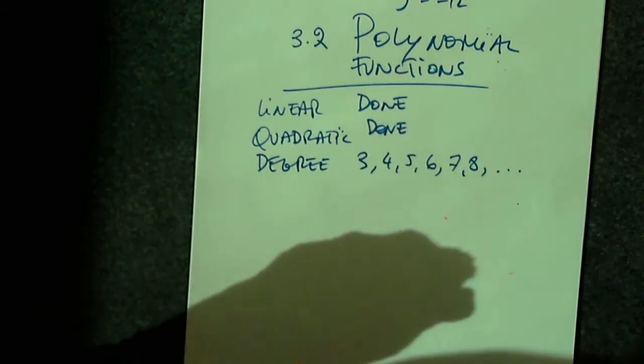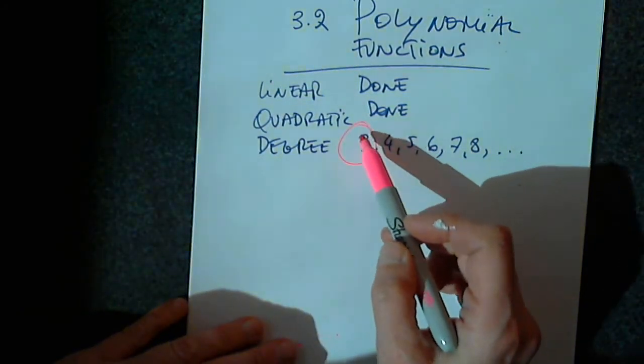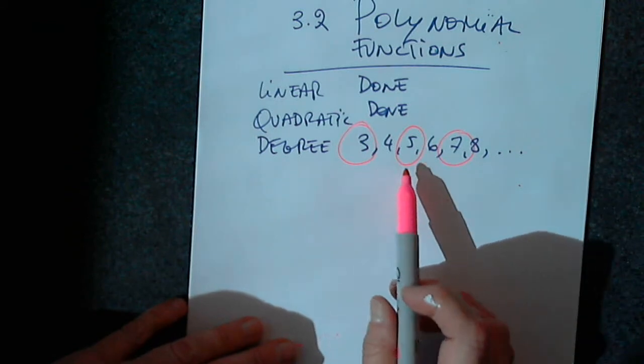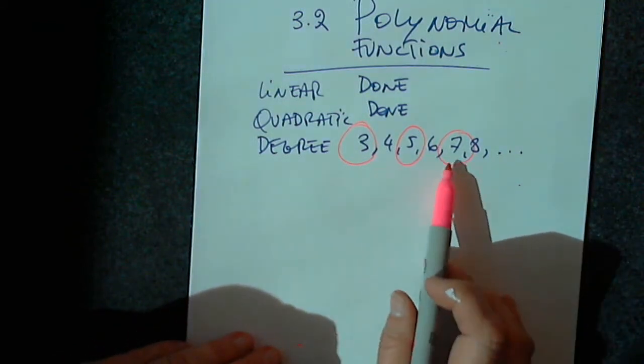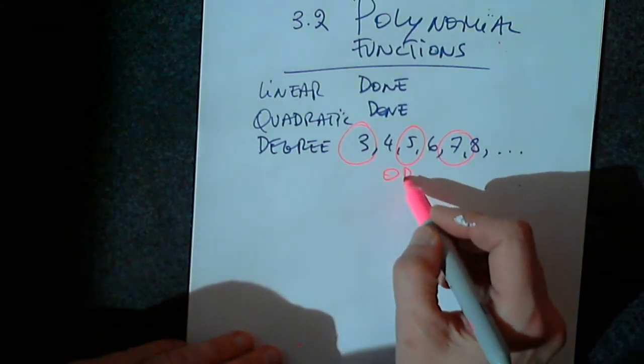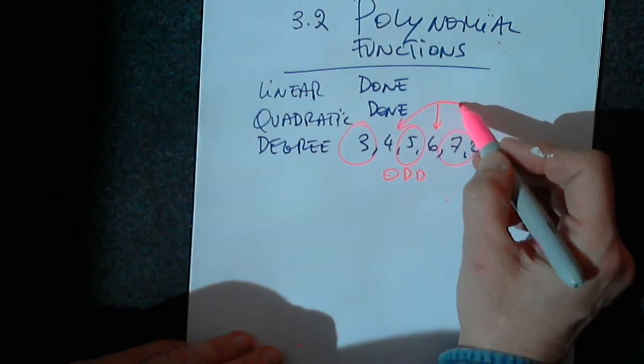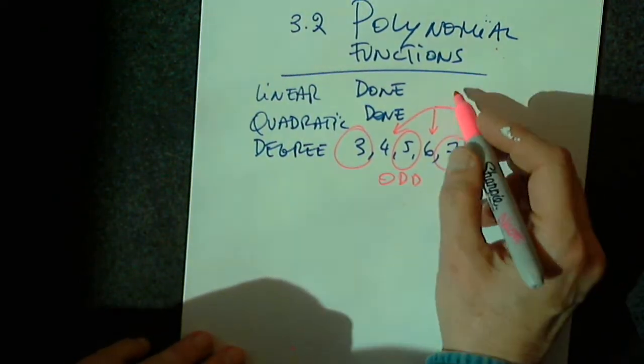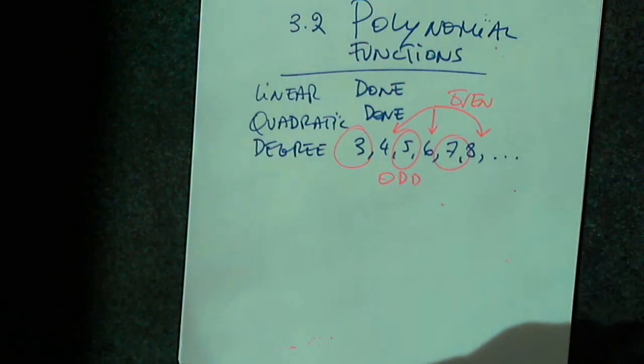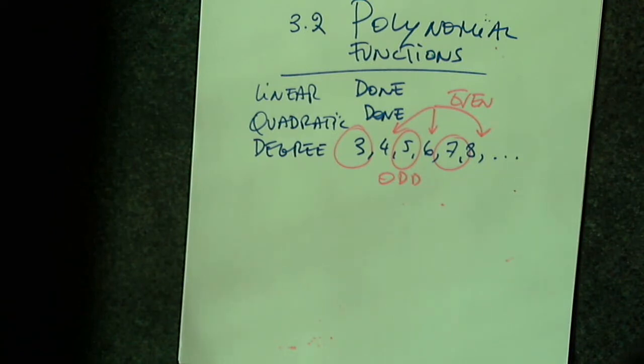Well, obviously, we have two different types of degrees. What are these? Degrees that are what? Exactly, they're odd. And what are these? Degrees that are even degree. We're not talking about the function being even or odd. We're only saying that its degree is an odd number or an even number.